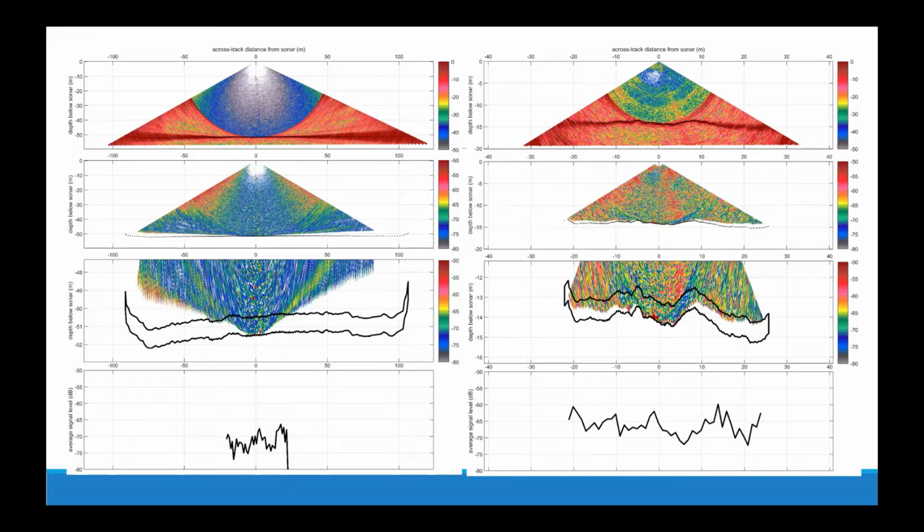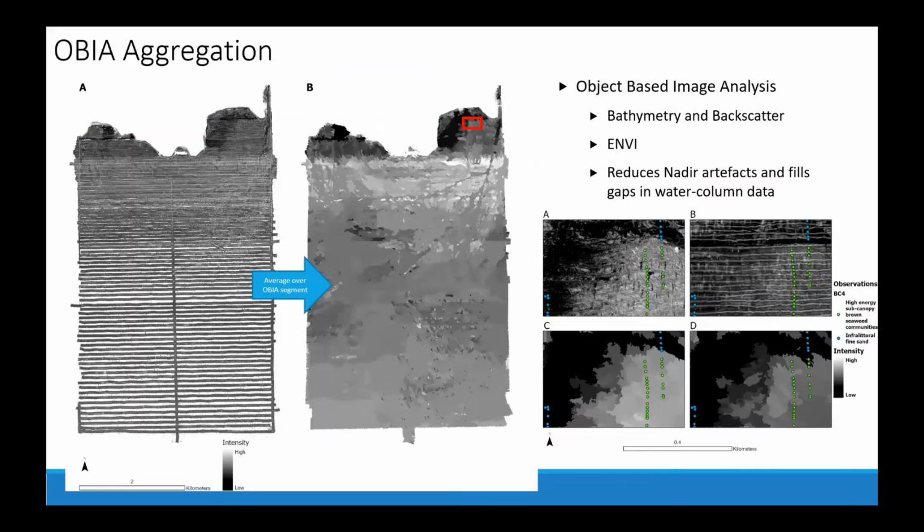And that's my next point, which was the mosaic generation. So the left-hand side image here is the raw mosaic that was generated by Alex. What I needed to do in order to incorporate it as a continuous raster in my predictive models was essentially to try to fill the gaps.